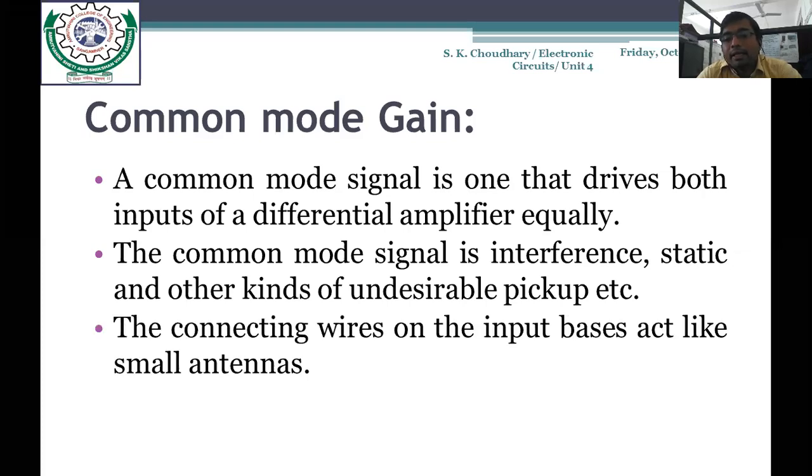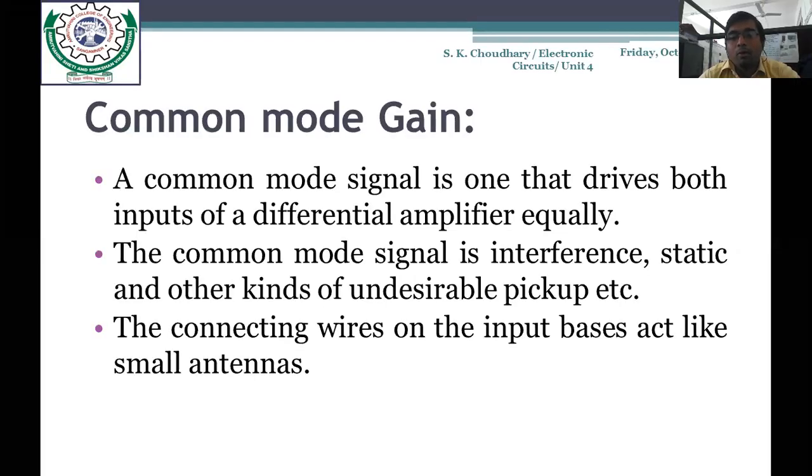Like you can say the connecting wires on the input of the base would also act like a small antenna and distort the input signal that we are providing from the signal generator to the base of the transistor. This is also one kind of interference, a common mode signal.